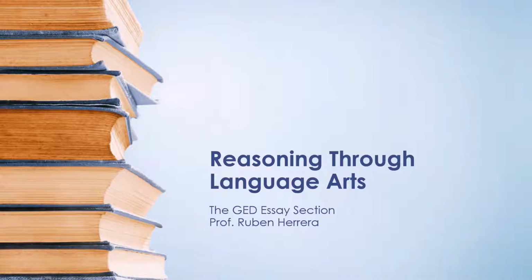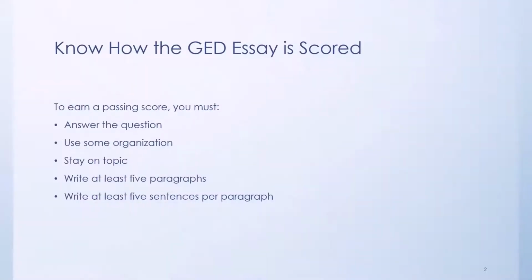These are very important concepts to keep in mind. Number one, this is how your essay is going to be scored: make sure that you answer the question. Give your opinion exactly on what these two passages are talking about.